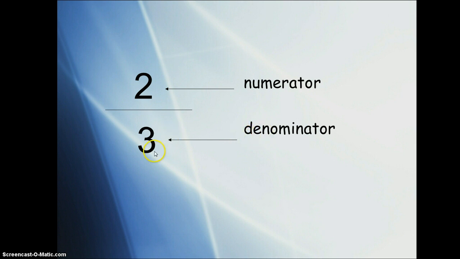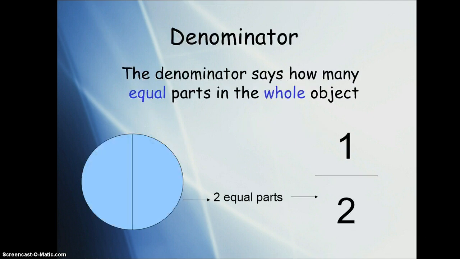It's the number on the bottom, and that's the total parts that you're looking at. The denominator says how many equal parts are in the whole object. So if you're looking at this circle, the whole circle has 2 parts. 2 is the denominator.